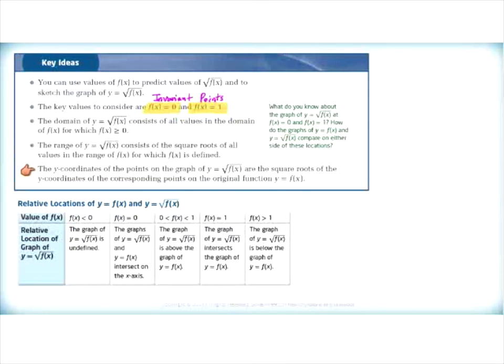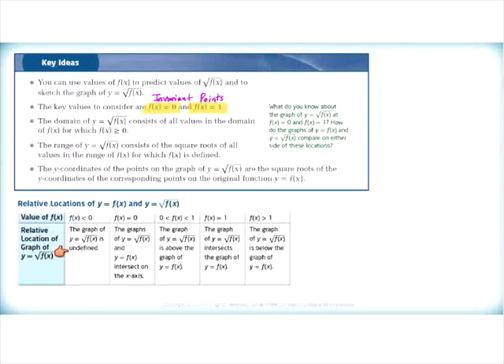The y-coordinates of the points on the graph of y equals the square root of f of x are the square roots of the y-coordinates of the corresponding points on the original function y equals f of x. The relative locations of y equals f of x and y equals the square root of f of x: if f of x is less than 0, then the graph of y equals the square root of that is undefined.